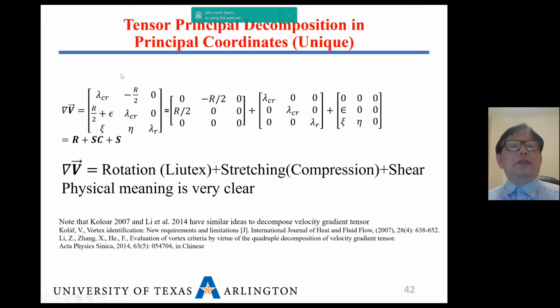So in these principal coordinates, we get what we call the principal matrix. It is very easy to decompose into three parts. One is the rigid rotation. The second is stretching or compression. The third one is shear. We call them R, SC, and S.